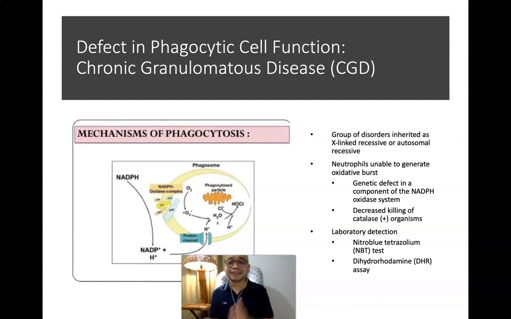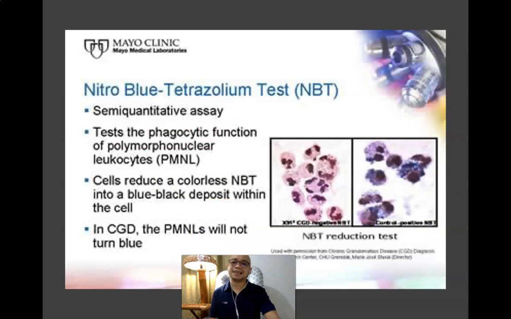In order to test for it in the laboratory, we can perform the NBT, or nitroblue tetrazolium test, and the dihydrorhodamine assay, or DHR assay.